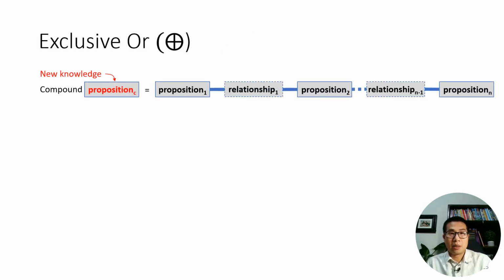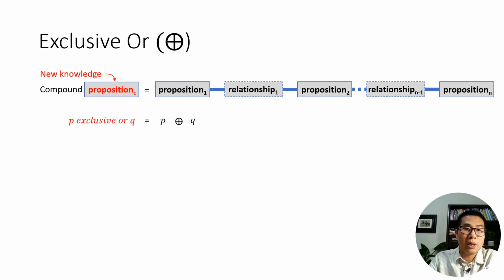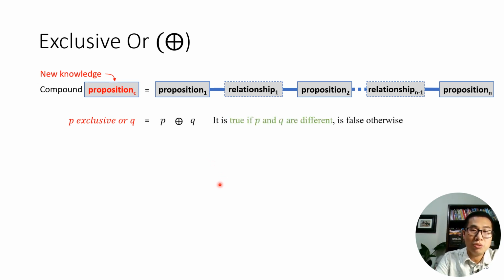Now the next common operator is the exclusive OR. So it's not the OR but the exclusive OR operation, and it's written or denoted like this. It is read as P exclusive OR with Q. It is defined as true if P and Q are different.